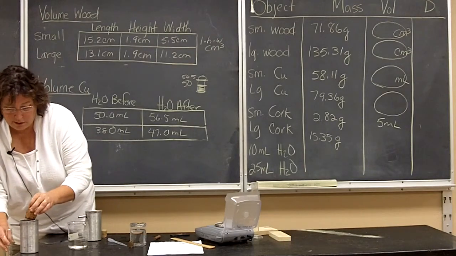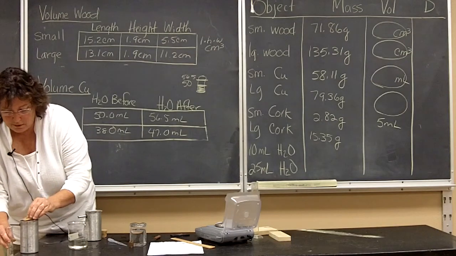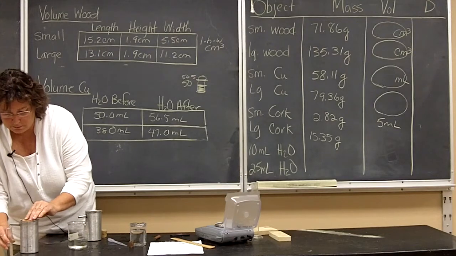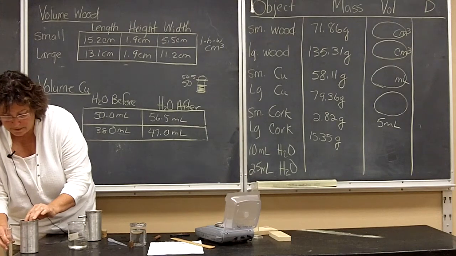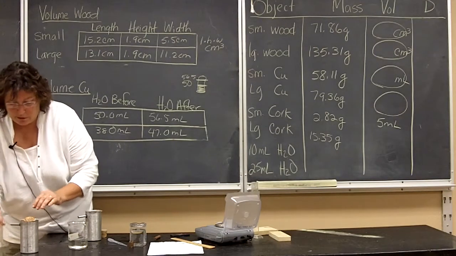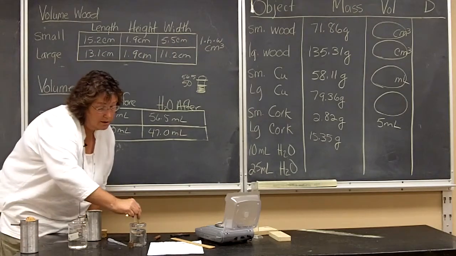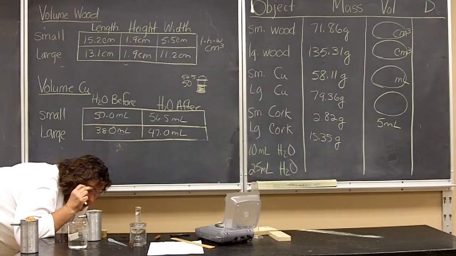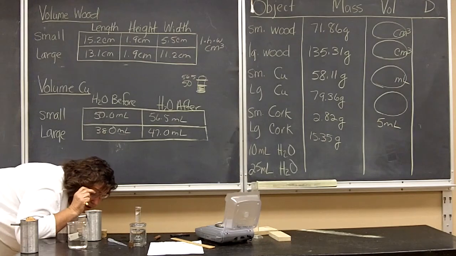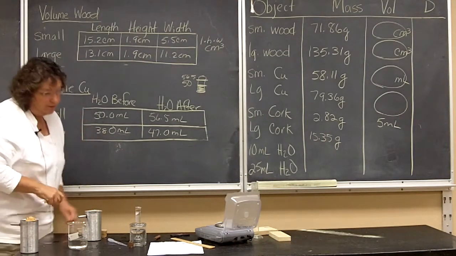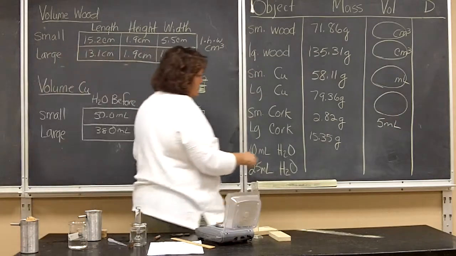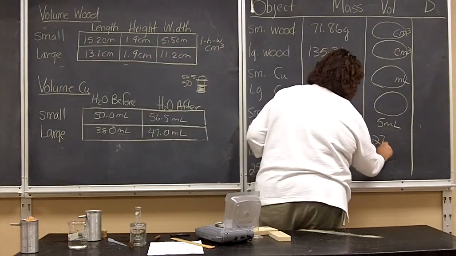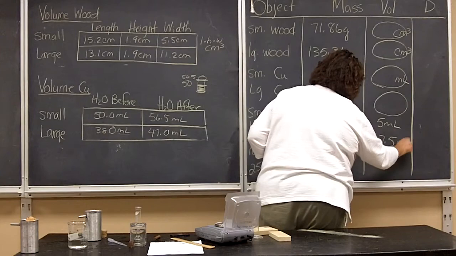Get it right there to catch that water. Put the cork in and push it down so it's completely underwater. Collect that water that it pushes out, and read this at eye level at the bottom of the meniscus. And that volume it pushed out is 27.5 milliliters.